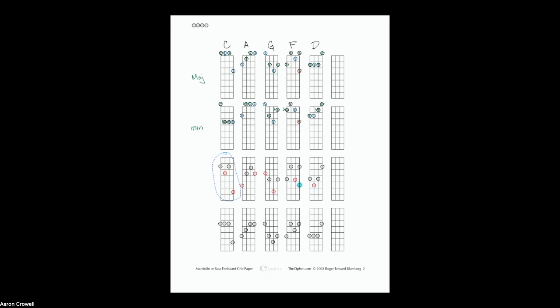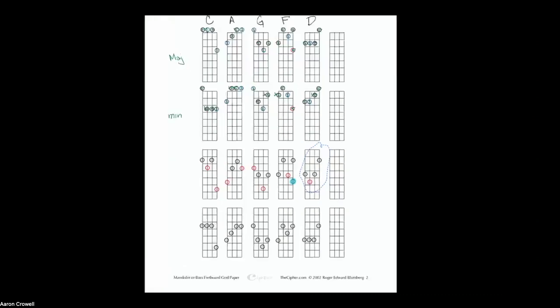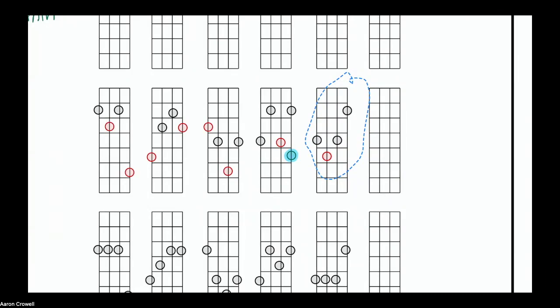So this would be a C diminished shape, A diminished shape, G diminished shape, F diminished shape, and D diminished shape. But it's whatever this note is that gives the chord its name. So in this case, this would be, as we said, E flat diminished, C diminished, and this would be B flat diminished.